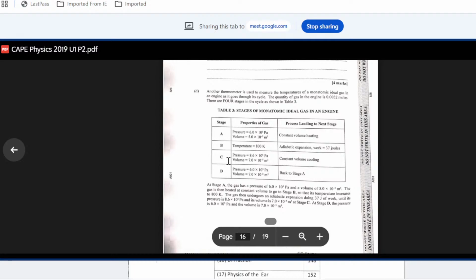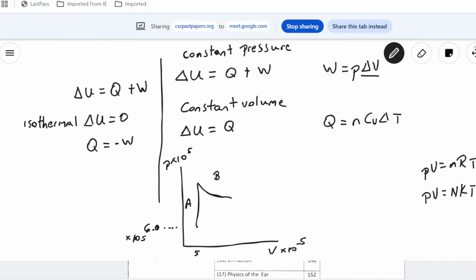In stage C, there's constant volume cooling. So constant volume, how would that line look? If it's cooling, what's happening?